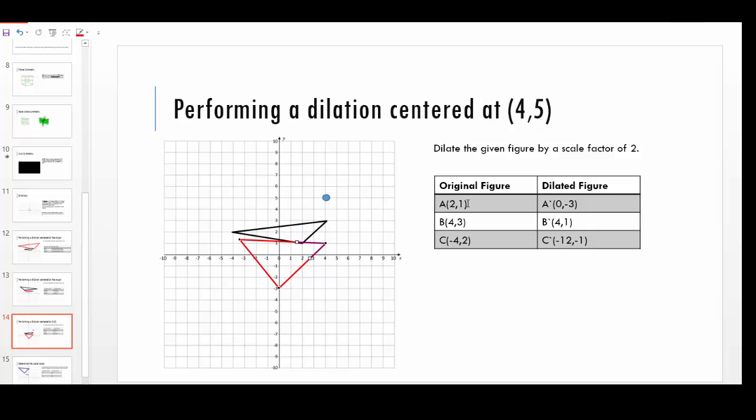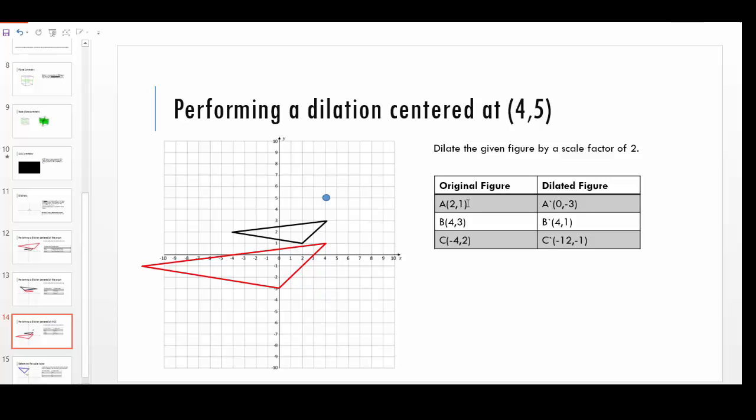And then we're going to go to -12, which is way over here, and -1. So now we can see we've dilated this from this point. You can see that both things seem like they're coming from this point. And so that's how we do a dilation from some point other than the origin.